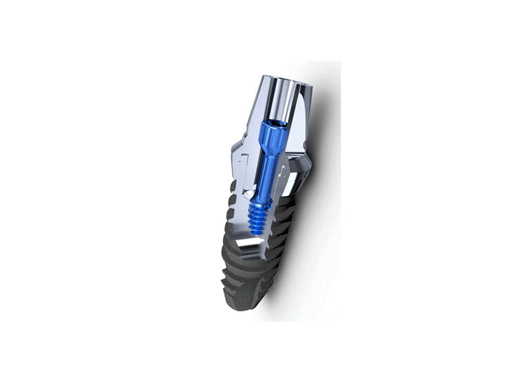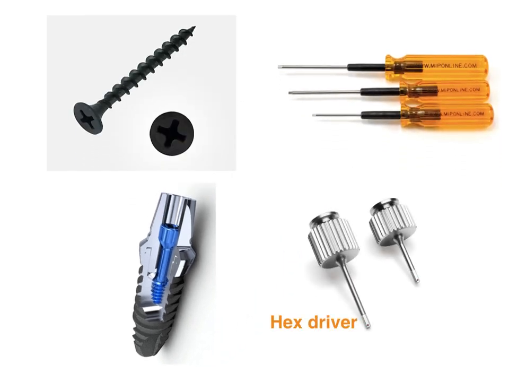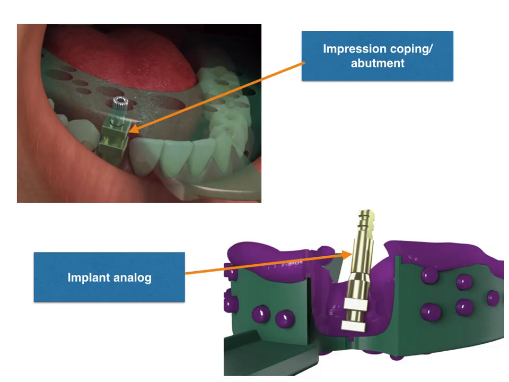The tool that we use to remove or tighten the screw is what we call the hex driver, or the screwdriver. It is just like what you do with a nail in the wall. You also need those drivers to put the screw into the wall. So we use the hex driver to put the screw into the abutment and the implants.